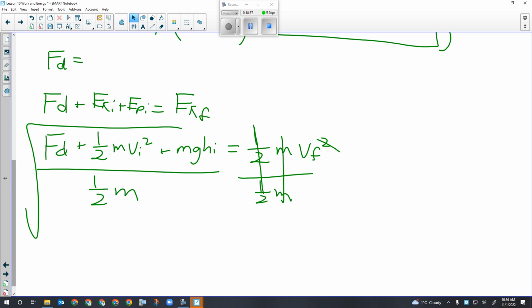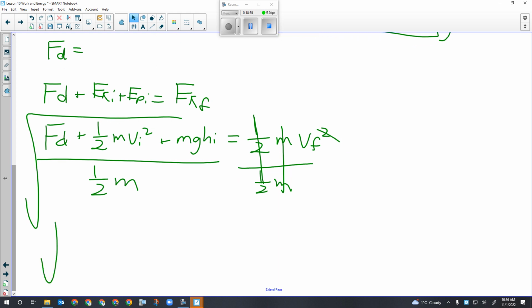Okay, now I gotta plug in my numbers. So that's gonna look like this. 450 newtons times 15 meters, so the work I did, plus the initial kinetic energy, so 1/2 times, it was 1500, right?